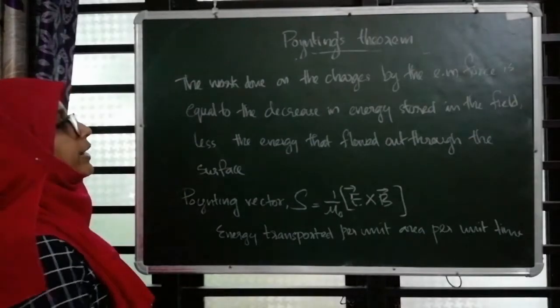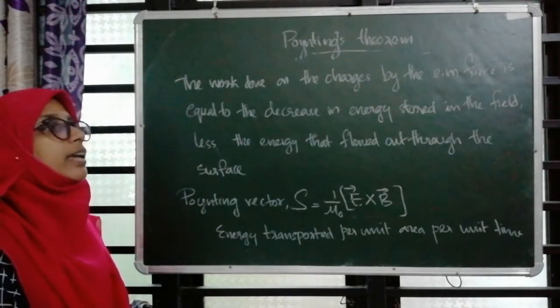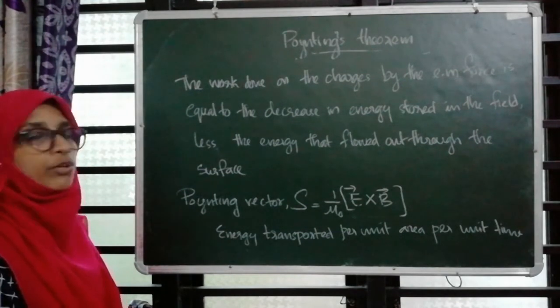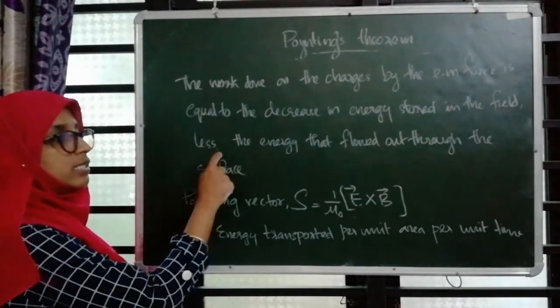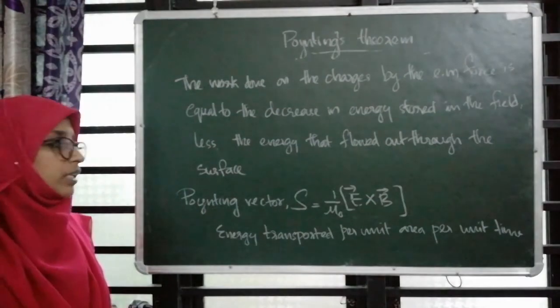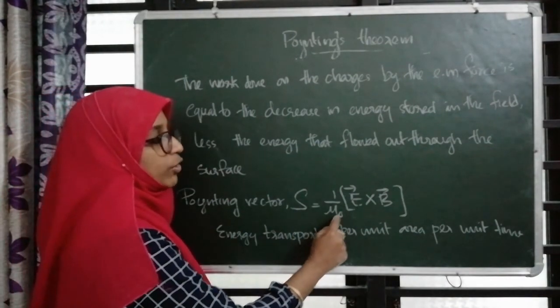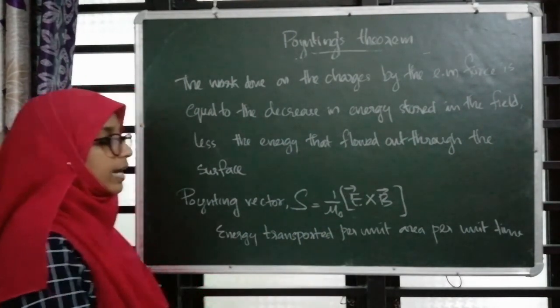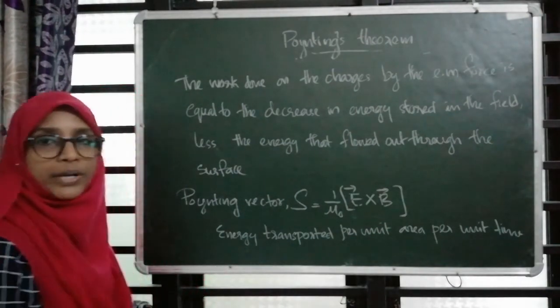That is, the Poynting theorem says that the work done on the charges by the electromagnetic force is equal to the decrease in energy stored in the field less the energy that flowed out through the surface. In this, the Poynting vector S is equal to 1 by mu 0 E cross B, which is the energy transported by the fields per unit area per unit time.